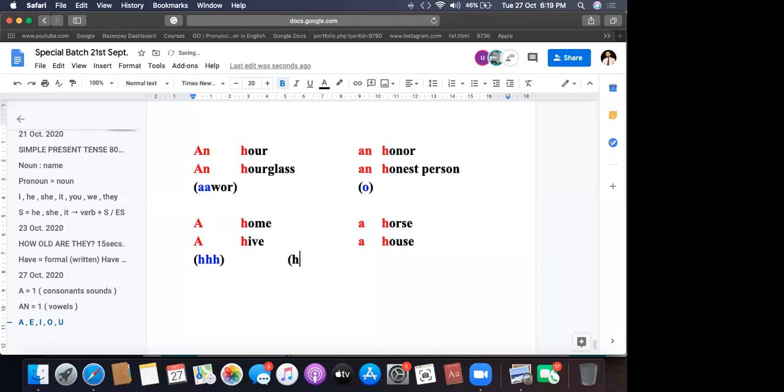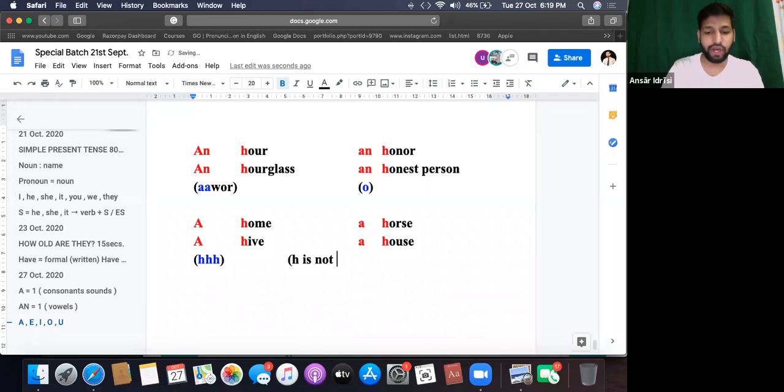That's why H is not silent in this scenario, and here H is silent. Are you getting the points? Here H is silent and here H is not silent. That's why the matter is getting there.